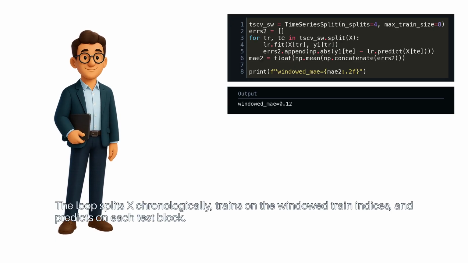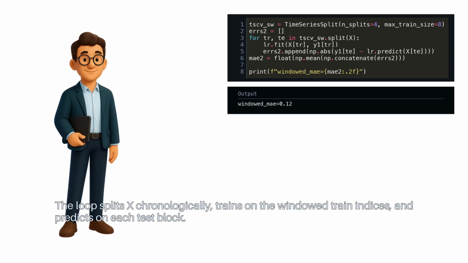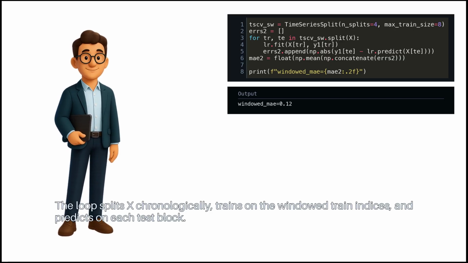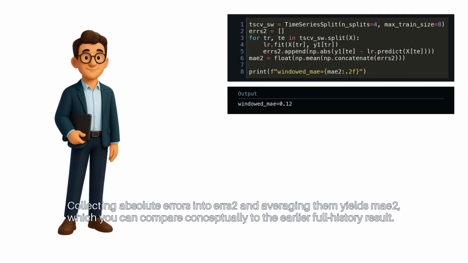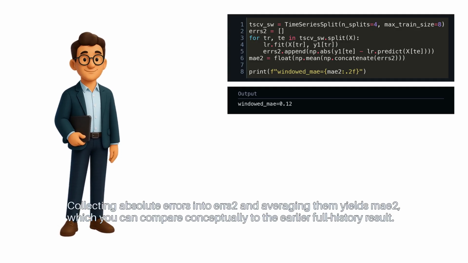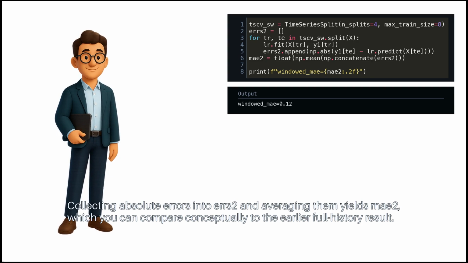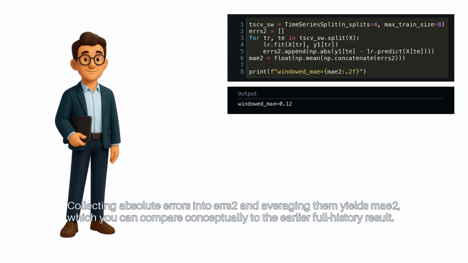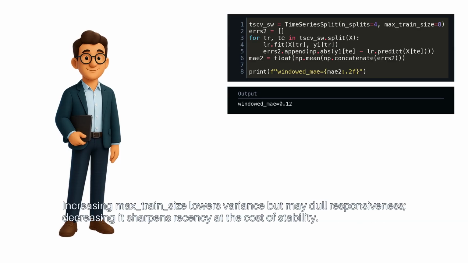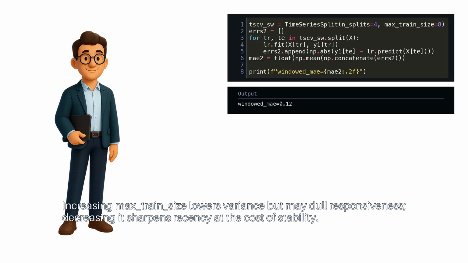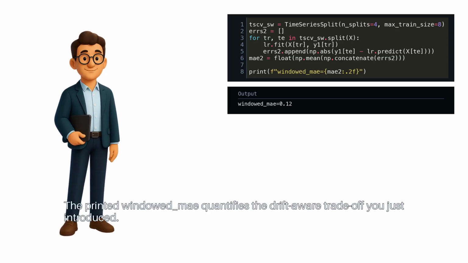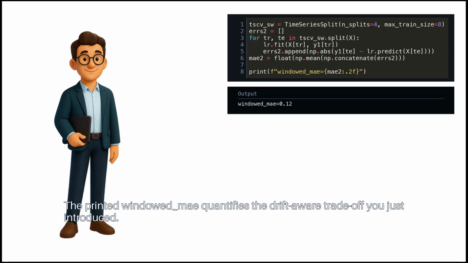The loop splits X chronologically, trains on the window train indices, and predicts on each test block, collecting absolute errors into errors2 and averaging them yields MAE2, which you can compare conceptually to the earlier full history result. Increasing max_train_size lowers variance but may dull responsiveness. Decreasing it sharpens recency at the cost of stability. The printed windowed MAE quantifies the drift-aware trade-off you just introduced.